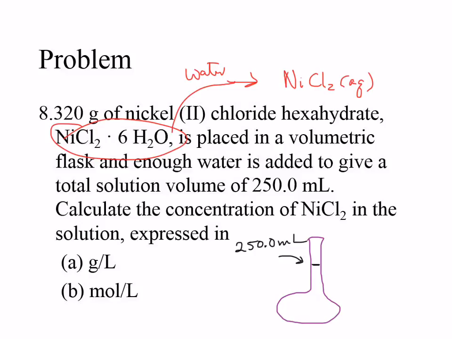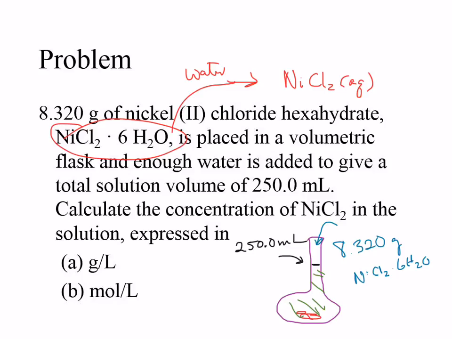The problem says I am going to add 8.320 grams of my hydrated salt, NiCl2.6H2O, okay? And just like you saw before, after I add my solid down here, I'm going to add water to ultimately dissolve it and make the solution.